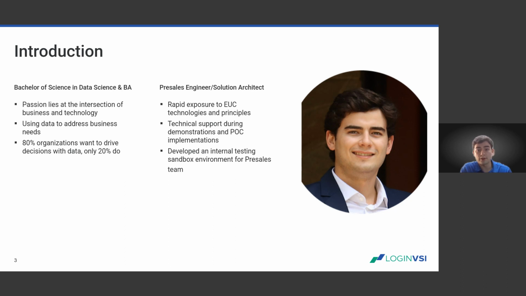But by using Login Enterprise, IT administrators can effectively simulate any situation that they're going to encounter and be confident in the systems that they're delivering. It provides them with a data-driven approach to change management and user experience, and ultimately just deploying virtualized desktop environments.